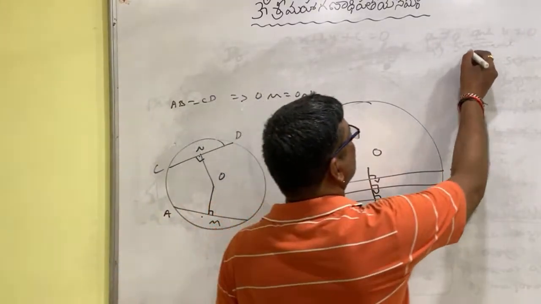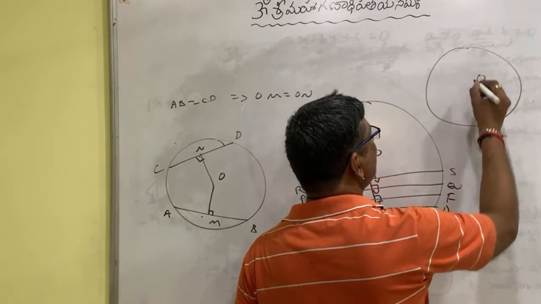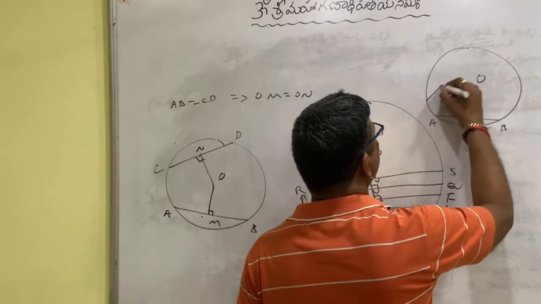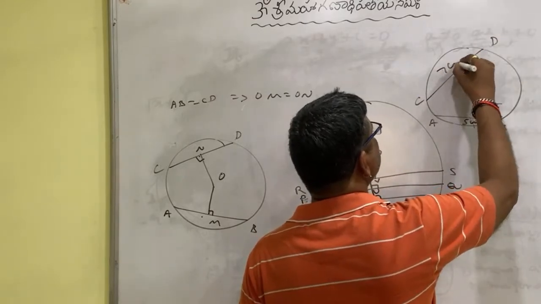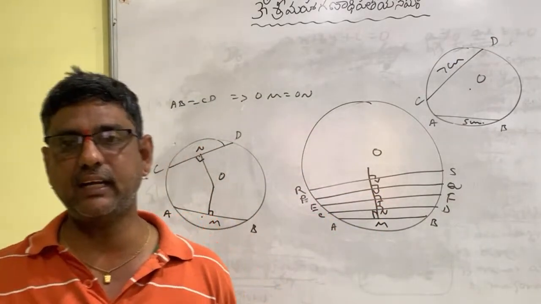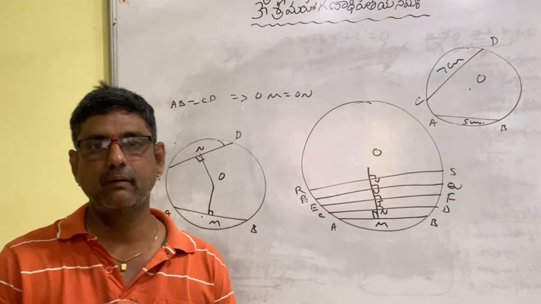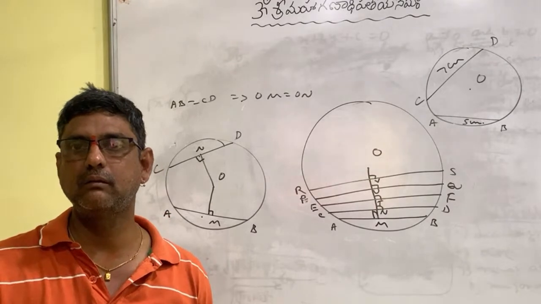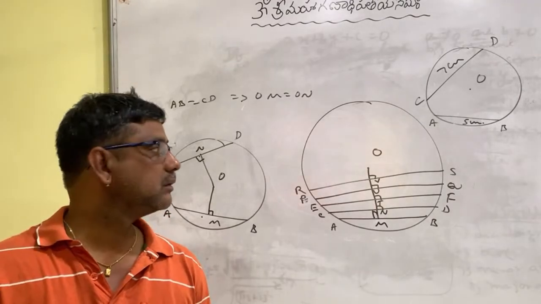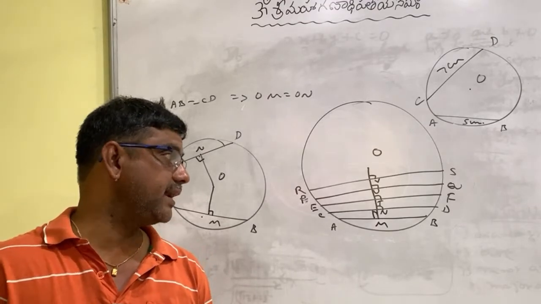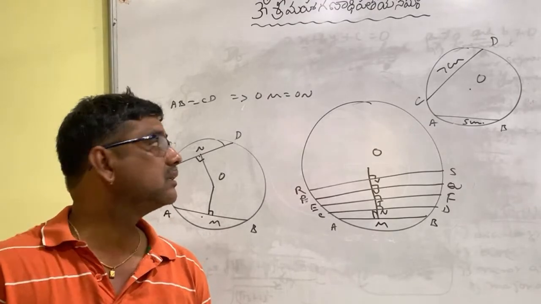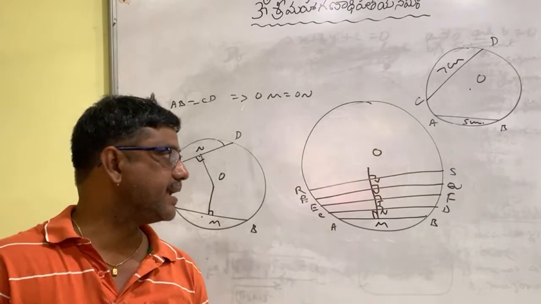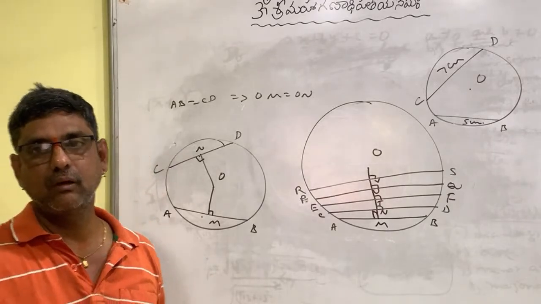Morning I told you that suppose there is a circle with center O and there is a chord AB with 5 centimeters and another chord CD with 7 centimeters. Which chord is near to the center, children? CD.